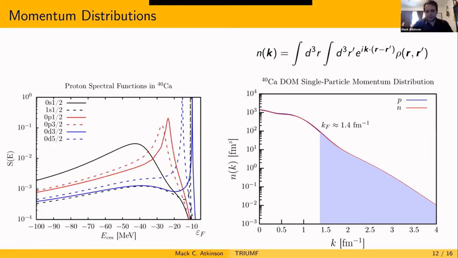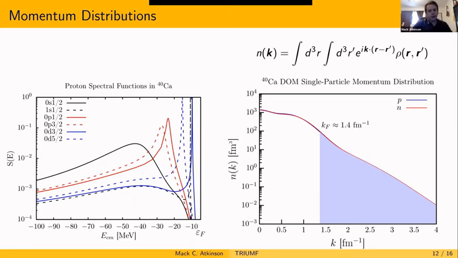So the amount of high momentum content that is revealed in this momentum distribution is very much connected with the calculated proton spectral functions in calcium-40, where you can see that all the strengths of these levels is distributed over a wide range of energies, whereas in a naive picture, in the independent particle picture, you would expect to only see delta peaks corresponding to the quasi-particle energies of each of these orbitals.